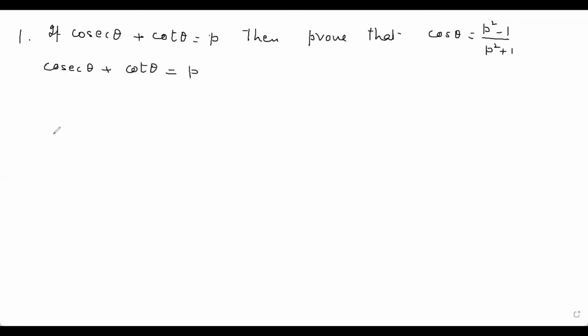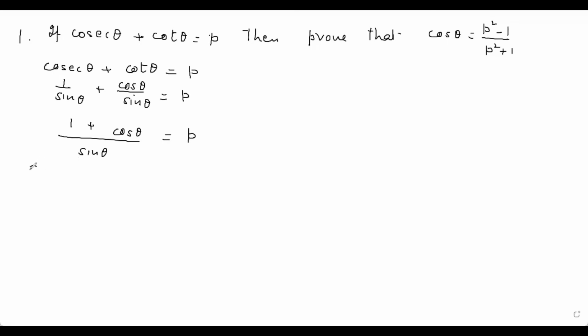Now cosec theta plus cot theta is equal to p. Cosec theta can be written as 1 over sin theta. Cot theta can be written as cos theta by sin theta. This is equal to p. Take the LCM, sin theta. 1 plus cos theta is in the numerator. This is equal to p.